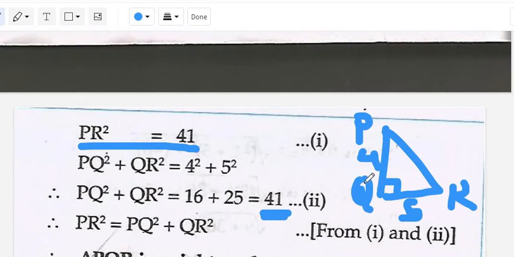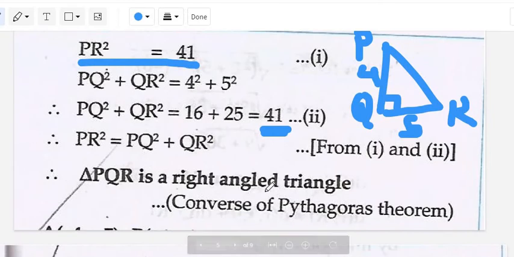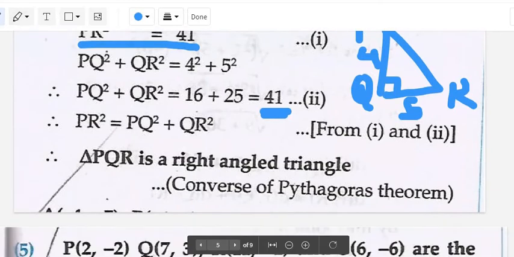That means the sum of the squares of two sides is equal to hypotenuse square, and therefore PR square is equal to PQ square plus QR square, and therefore triangle PQR is a right angle triangle, by the converse of Pythagoras theorem.